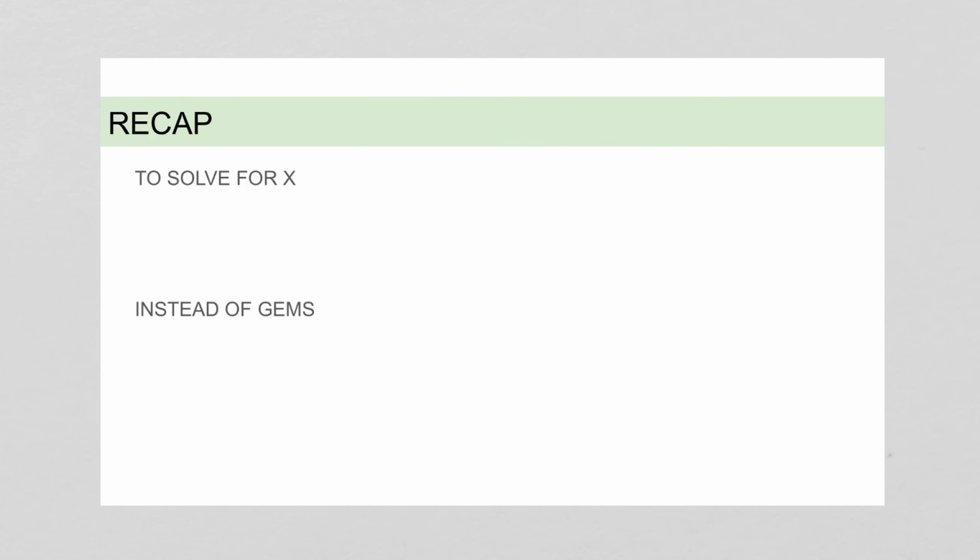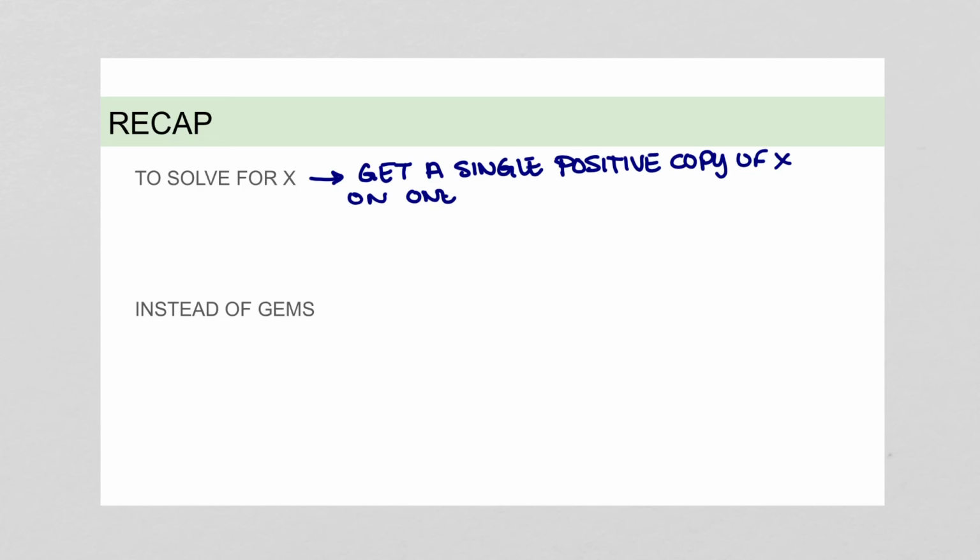All right, so let's recap. To solve for x, we want to get a single copy, a single positive copy even, of x on one side of the equal sign. And that's when we're solving equations.